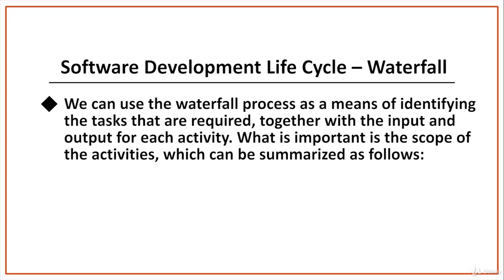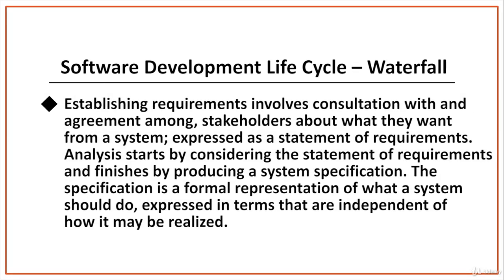What is important is the scope of the activities, which can be summarized as follows. Establishing requirements involves consultation with and agreement among stakeholders about what they want from a system, expressed as a statement of requirements. Analysis starts by considering the statement of requirements and finishes by producing a system specification.